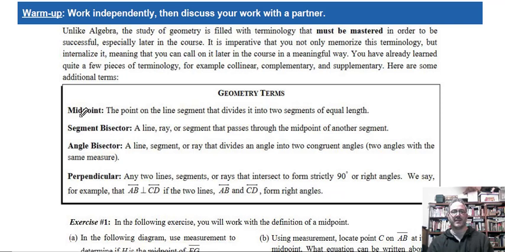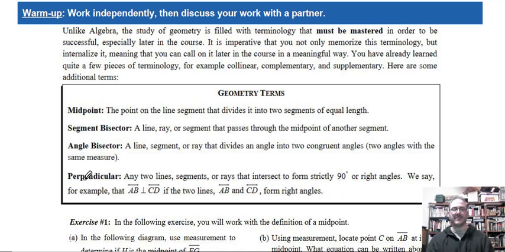An angle bisector is a lot like a midpoint, but we're cutting angles instead of segments. Angle bisector, we're cutting angles into two equal parts. Segment bisector, we're cutting segments into two equal parts. Midpoint, we're cutting segments into two equal parts.